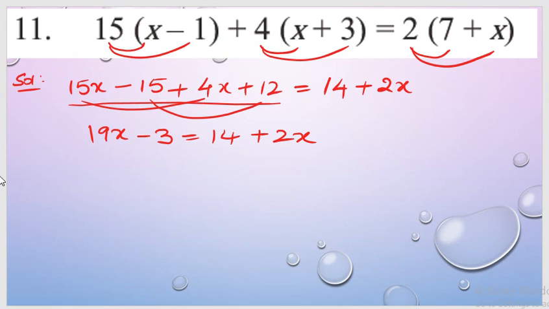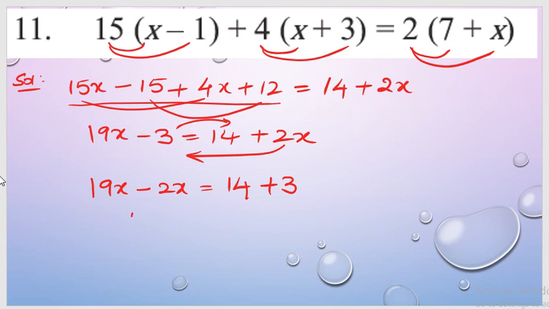Now can you observe this? This is nothing but simple equation, which we have started doing, right? Now what I am going to do, I am going to transpose this plus 2x to the left hand side and minus 3 to right hand side. So from this what I can say, 19x minus 2x is equal to, so this is 14, minus 3 will become plus 3.